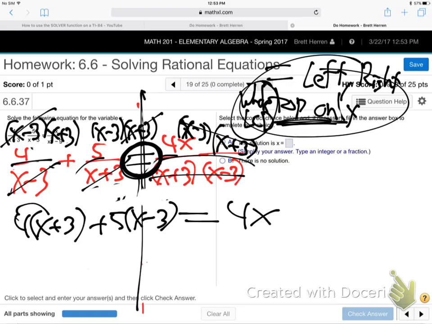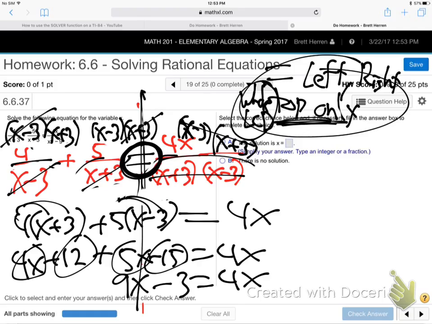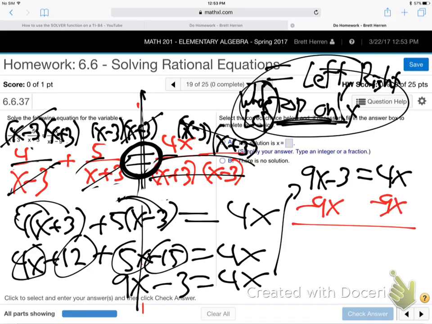All right. So then we distribute: 4x plus 12 equals 5x minus 15. 4x and 5x is 9x, and 12 minus 15 is minus 3. Bring it up here. This one's a mess. 9x minus 3 is 4. How do you solve for x there? The easiest way would be to subtract that 9x. And then what would you get?